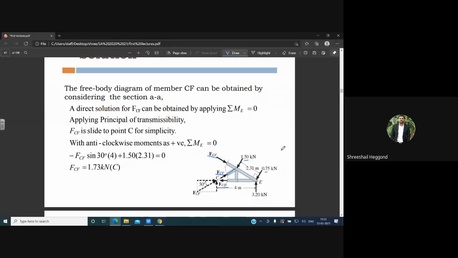If this is an inclined member towards this point, this perpendicular distance and angle of inclination you need to consider for point E. This will be a clockwise movement, rotating in this direction.